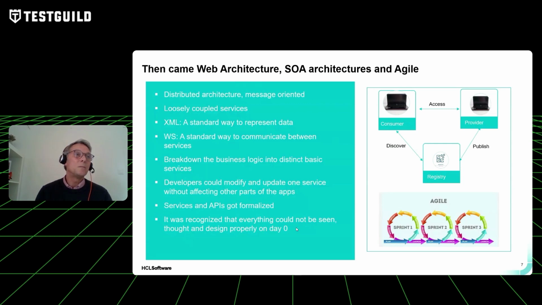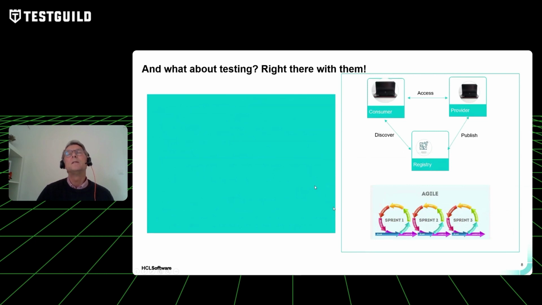Instead of making everything from the beginning, we will have to iterate over humanly achievable pieces of work. We call that sprint one, and then we'll complexify the solution over time with sprint 2 and sprint 3, different iterations subsequently. And so testing became much more part of each iteration, as we are going to see.